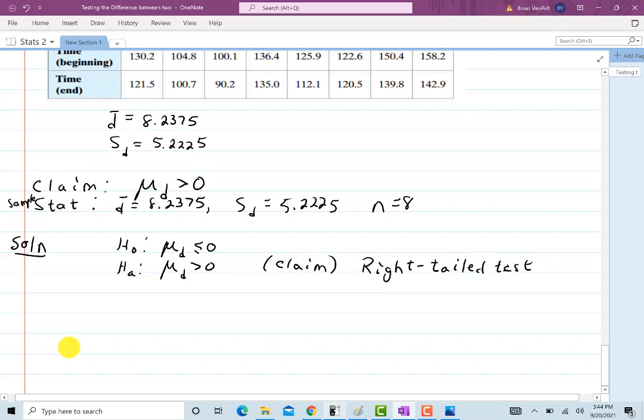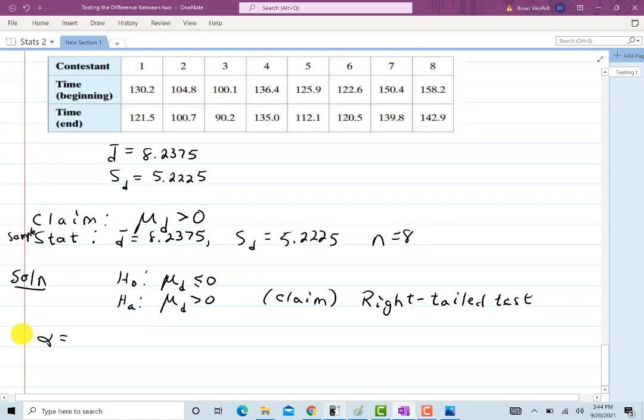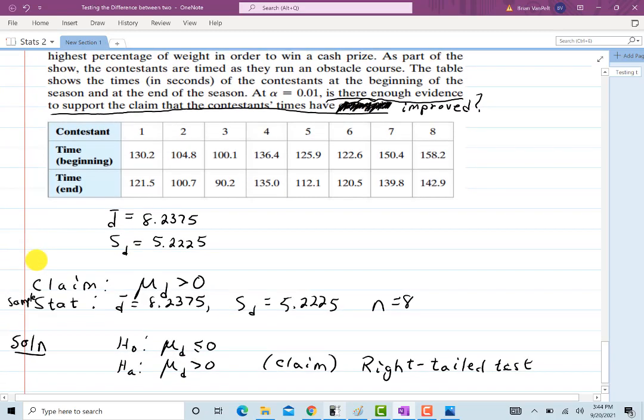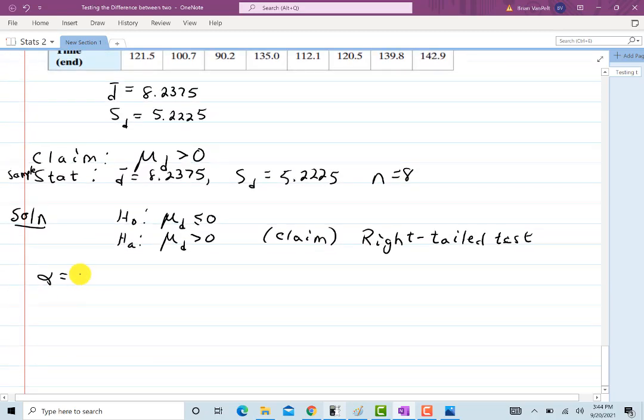And once again, this is a one-tailed test, so I don't need to divide alpha over 2. Alpha was what? 0.01. You know what I should have said up here in the question, test the claim at alpha equals 0.01.